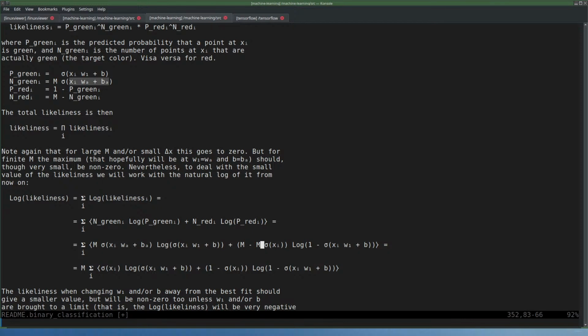And this is m minus the same sigma of the same thing times 1 minus the sigma of the same thing. I just put m outside in front of the sigma. So this is divided by m divided by m.